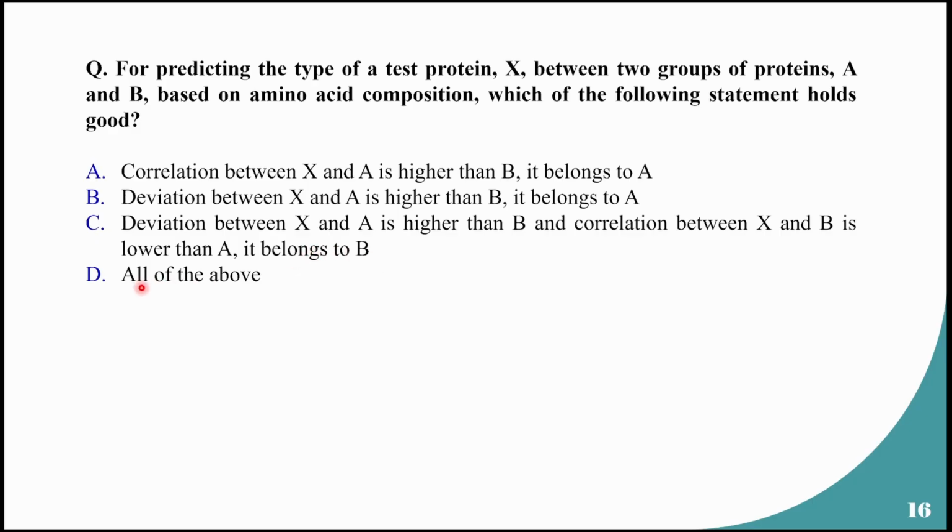So just try to get to what exactly correlation and deviation would indicate. If two different proteins are similar, should their deviation be higher or correlation be higher? Or if the proteins are different, then should their deviation be higher or correlation be higher or lower, basically, vice versa. So just try to figure that out and it should lead to the answer.